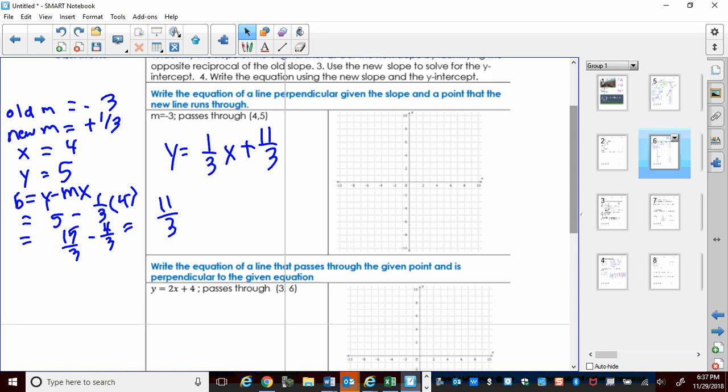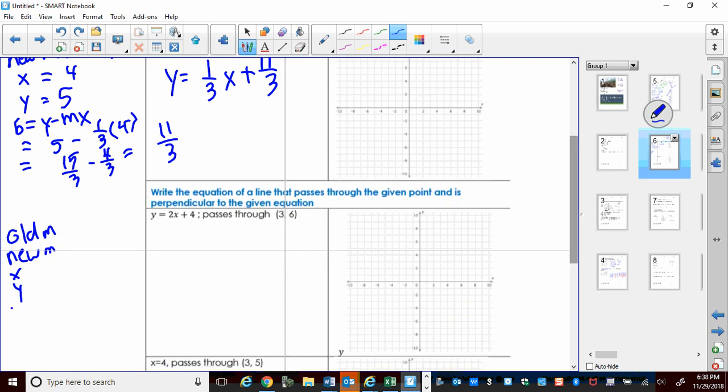Try setting up the next one on your own. Find the old slope, the new slope. Let's write this down. We're looking for the old slope, old m, new m. These are perpendicular, remember. X, y, and b. The old m, if you haven't done it already, is 2. New slope is perpendicular, so it's opposite reciprocal. Lines are perpendicular, so the slopes are opposite reciprocal. So negative 1 over 2.